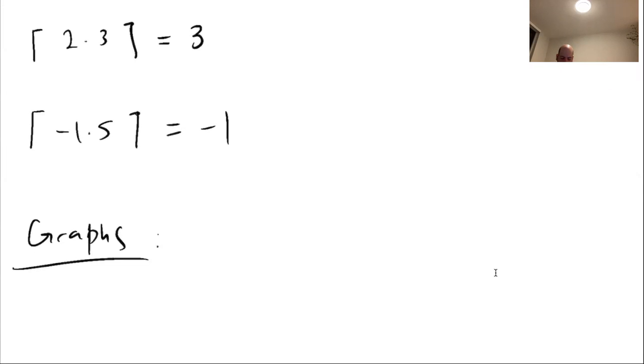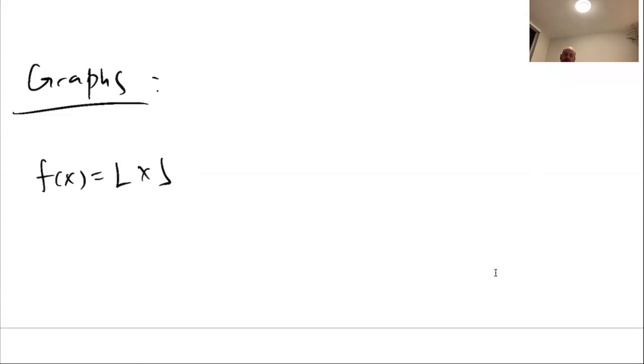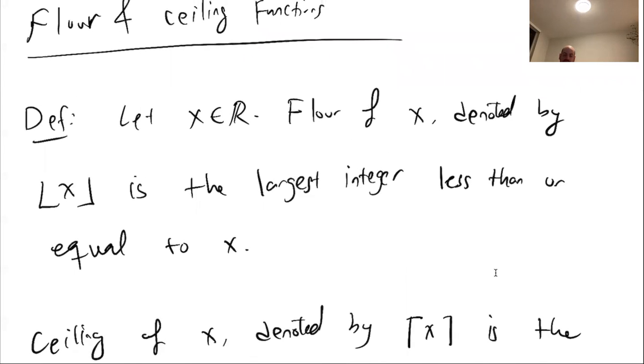Okay. What about the graphs? For floor function, well, first we have to think about the domain. What is the domain of floor function? Well, domain means the inputs. Inputs come from which set? Again, let's look at the definition. Definition says let x belongs to R. So for any x belongs to R, we define the floor of x.